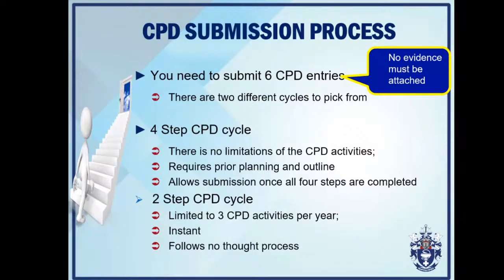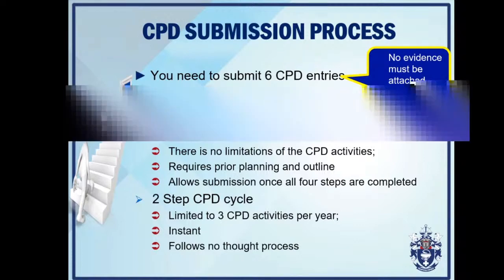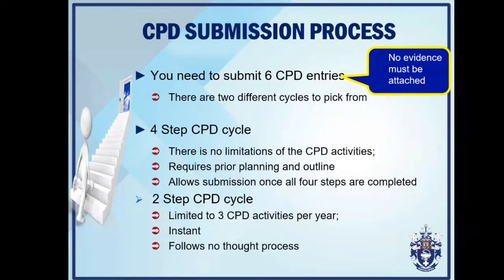You can submit as many CPD activities as you would like, and nothing will stop you. But if you submit more than 6 CPDs, they will only count for the current year. They will not count towards the subsequent year or any other year. They only count for that particular year that you have entered them in.